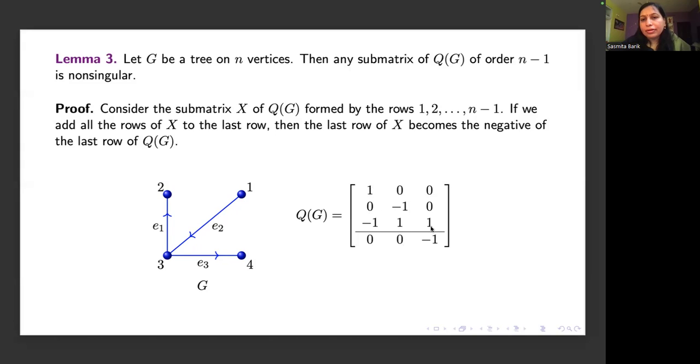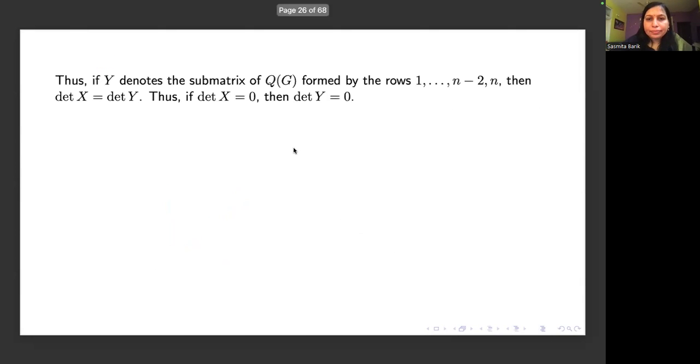Similarly, you can see the other entries. Because in Q_G, if we add all the rows, that gives us 0, so if we leave some row and add all the other rows, obviously that will become the negative of the left-out row. This is how it happens.